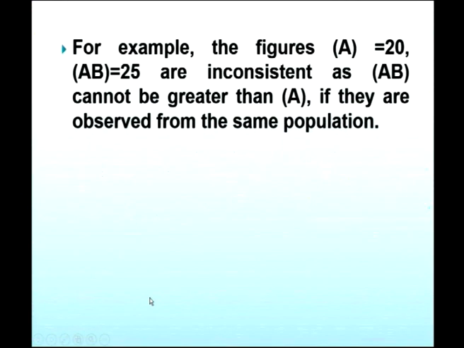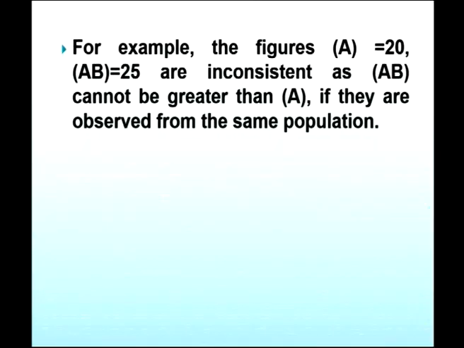For example, A equal to 20 means possession of the attribute A is with 20 persons, and AB equal to 25 is contrary, right? AB represents possession of attribute A and then B, so it should be less than 20 only.